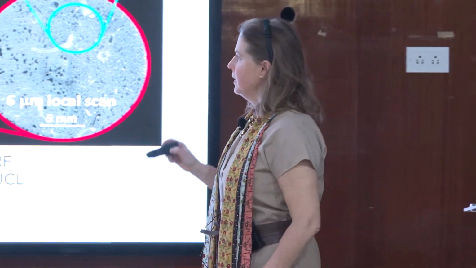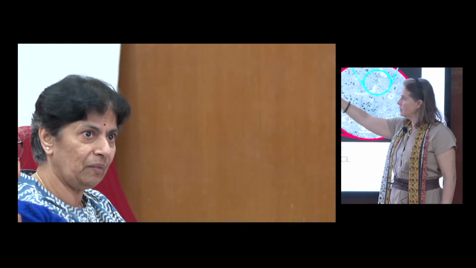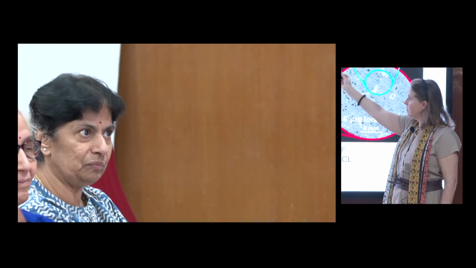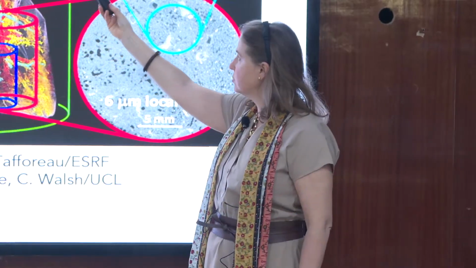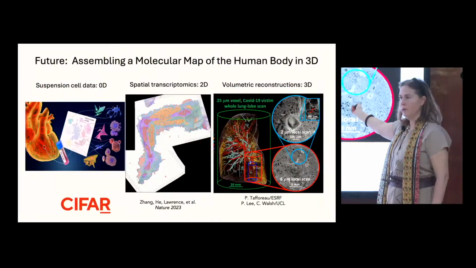So I think your question is super relevant, and I had an extra slide basically here. I think what we need to do is ultimately link the cell atlas data, in suspension cell, which is 0-dimensional, 2-dimensional, to larger volume imaging technology.